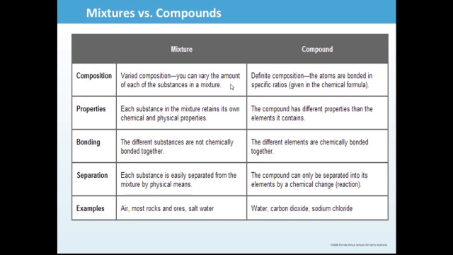The properties of a compound are different from the properties of the elements that make it up. If we take sodium and bond it with chlorine and form salt, then salt itself is different from sodium and chlorine. In fact, we put salt on our food, but you cannot eat straight sodium atoms.